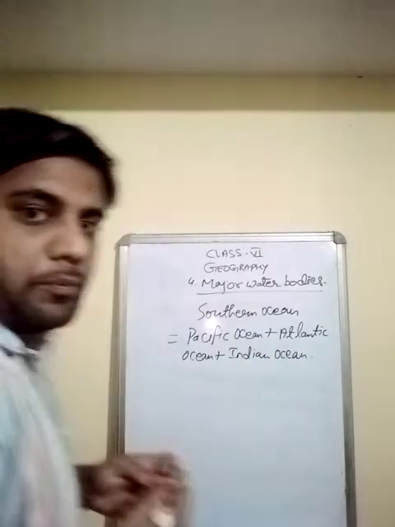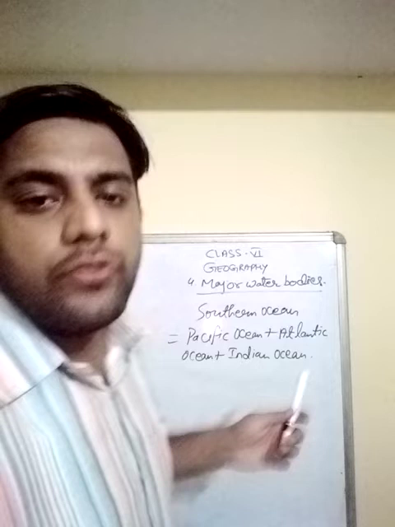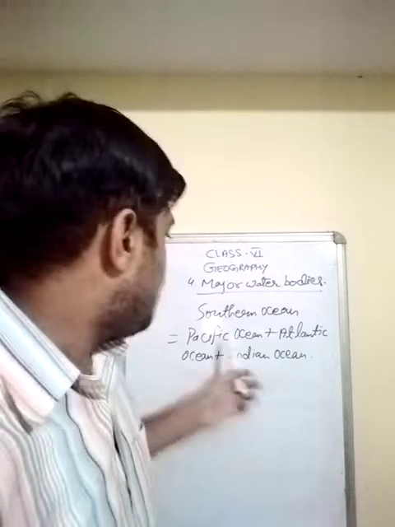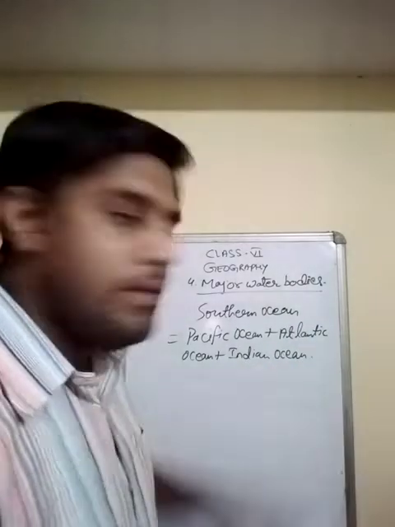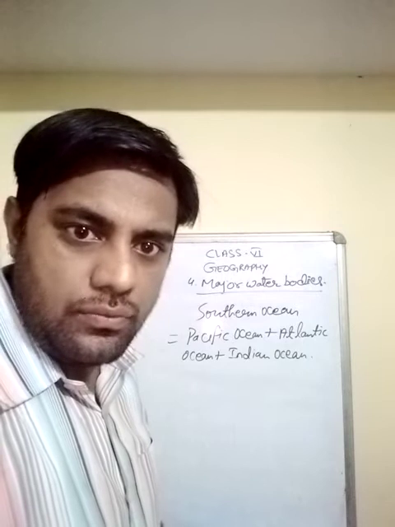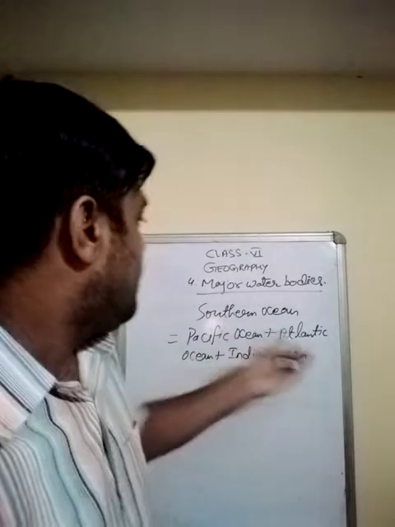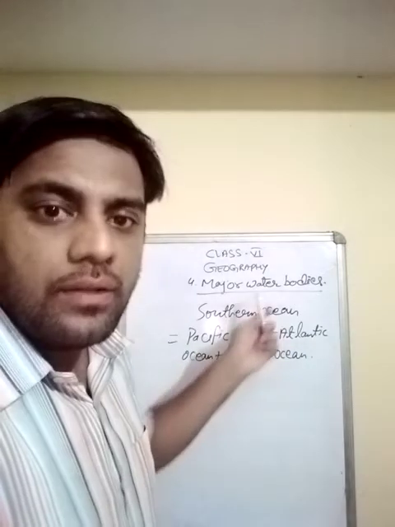In simpler terms, the Southern Ocean is formed with the waters of the Pacific Ocean, Atlantic Ocean and Indian Ocean. So you have 3 oceans forming the Southern Ocean.